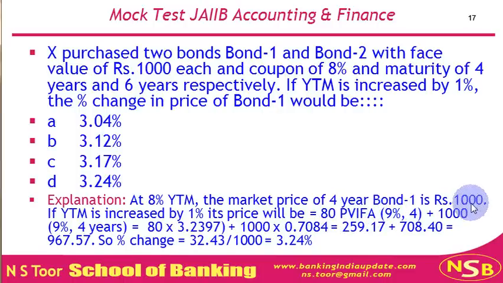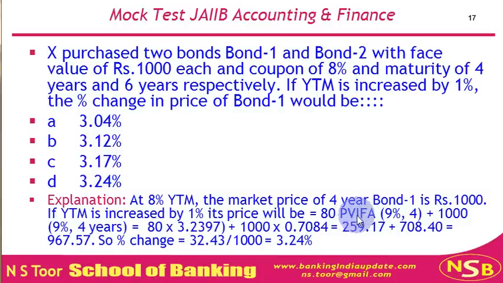As regards the principal amount, that is 1000, for 9% at 4 years, we shall take PVIF. So PVIF is present value interest factor. So for a fixed amount, the PVIF table is referred. For an annuity, the PVIFA table is referred.